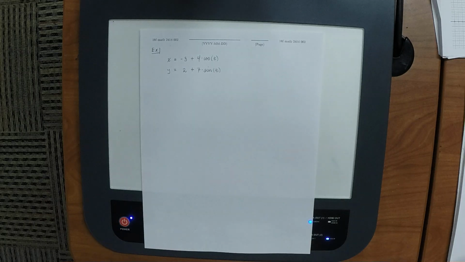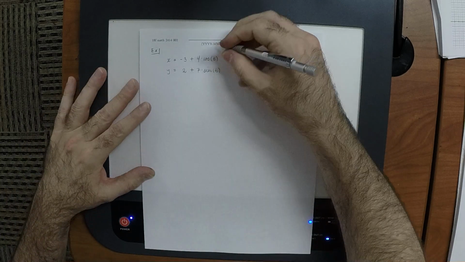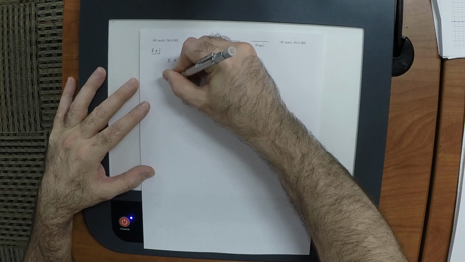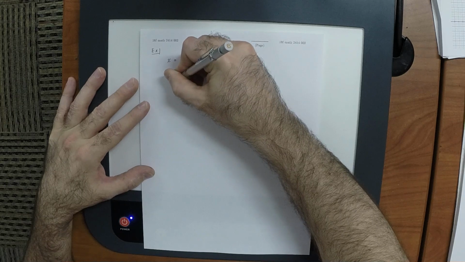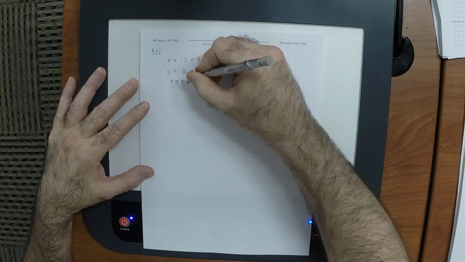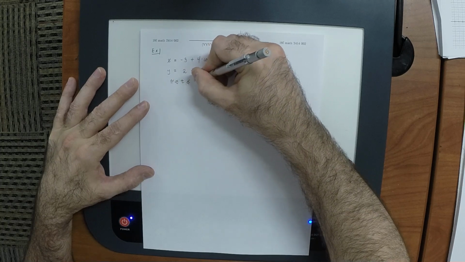Okay, so please eliminate the parameter. And furthermore, I'll say, just for interest, that pi is less than or equal to t is less than or equal to 3 pi over 2.